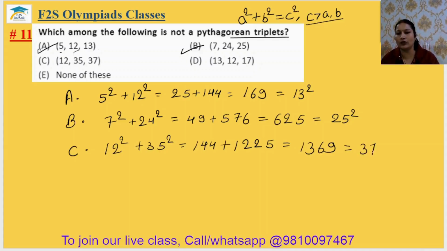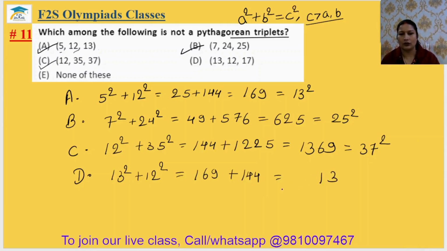This is the square of 37. So we can say this is also a Pythagorean triplet. Now come to option D. 13 square plus 12 square equal to 169 plus 12 12s is 144 equal to 313. Okay? 313. It is not the square of 17. So that's why we can say D is not a Pythagorean triplet. The 11th answer will be option B.